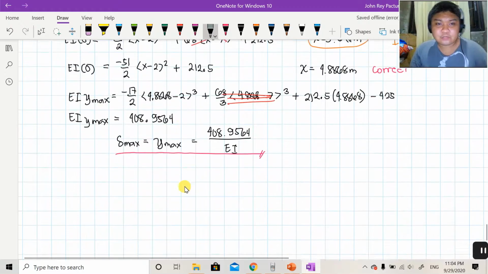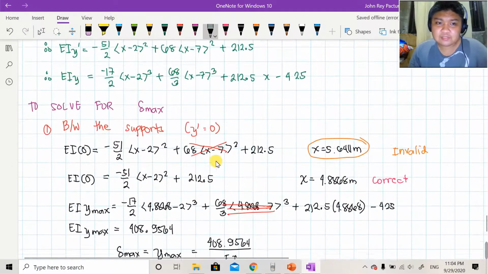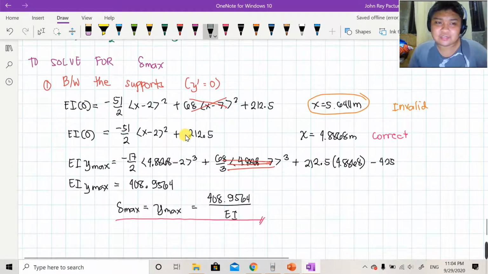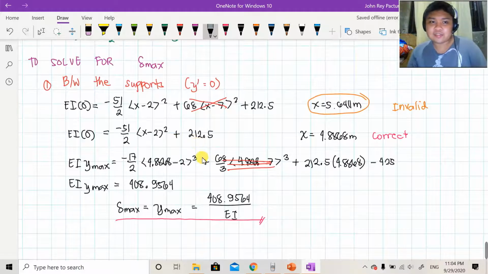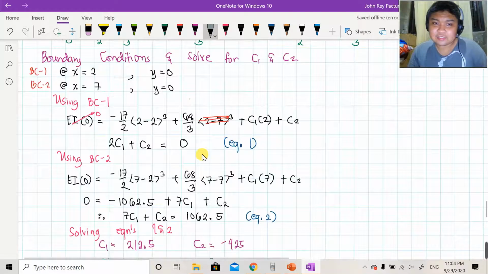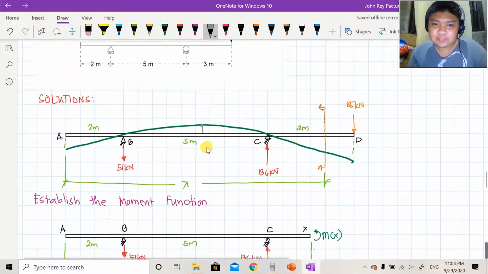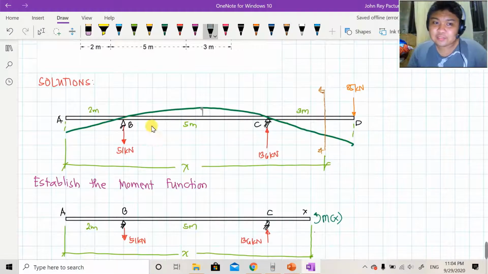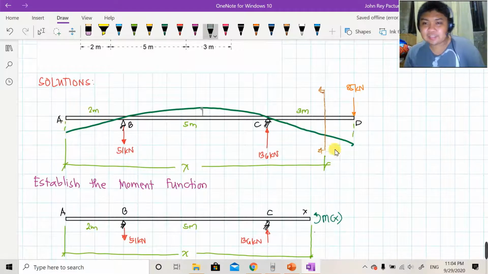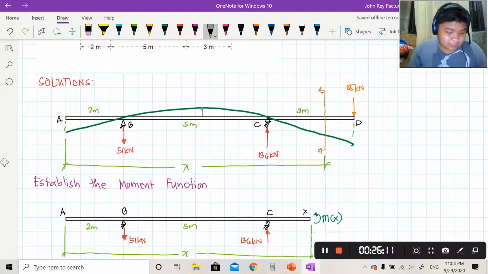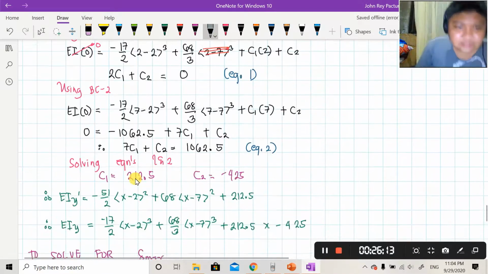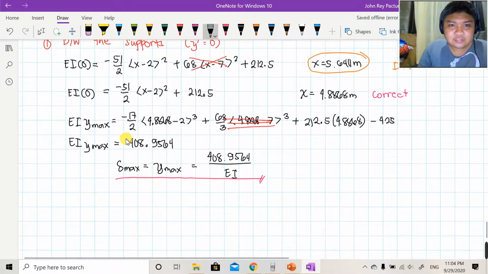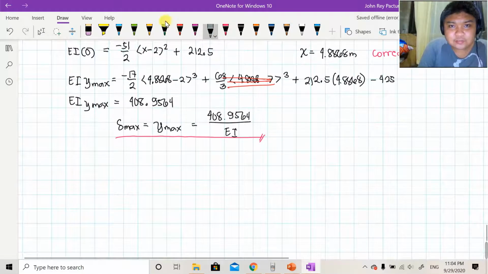So, yung unang approach talaga, class, itong between the support, yung mahirap talaga dito. However, yung sumunod, class, kasi tatlo nga yung i-compare natin dito, no? Tatlong maximum deflection. Yung nasa gitna ni B and C, yung mismong point A, tapos yung mismong point D, yung left end ng overhang and yung right end ng overhang. So therefore, balik tayo dito sa topic natin. So ito yung unang step between the support.